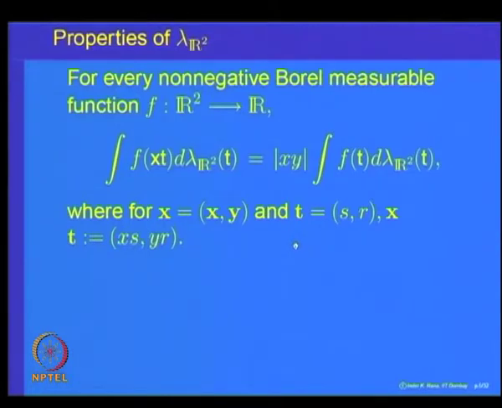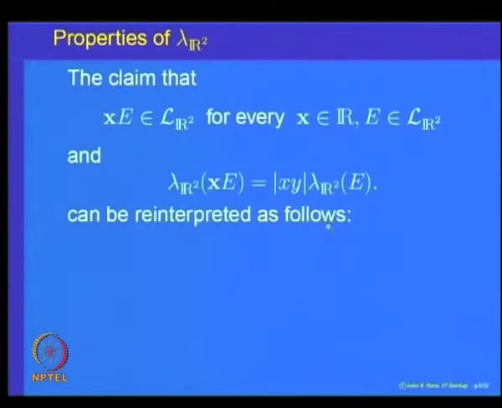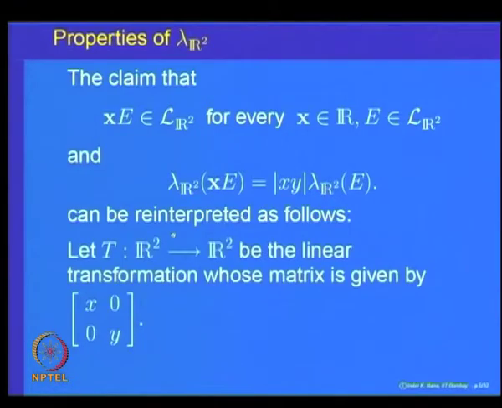So, let us go to some more properties of Lebesgue measure. Just now we proved that for a Lebesgue measurable set E and a vector x in R 2, lambda R 2 of x E is equal to the absolute value of the product of the coordinates of the vector x with which you are multiplying, times the Lebesgue measure of E. One can reinterpret this result as follows, namely, let us look at a linear transformation T from R 2 to R 2 whose matrix is given by the diagonal matrix x 0 0 y.